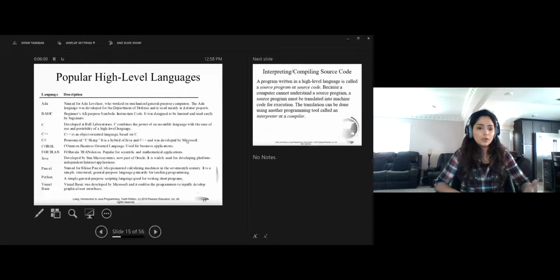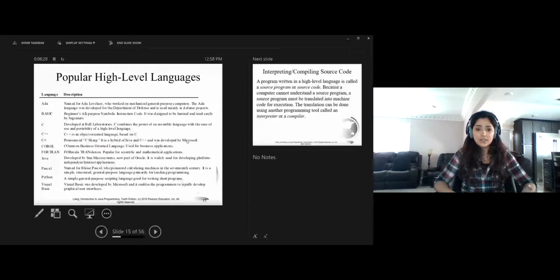Then we had COBOL, the Common Business Oriented Language, used for business purposes. Then we had Fortran, for formula translation. All these languages are from the past, and now they are rarely used. Most companies still use Ada or Pascal because their old systems are based on those languages, so it will take a while to move on to new languages.